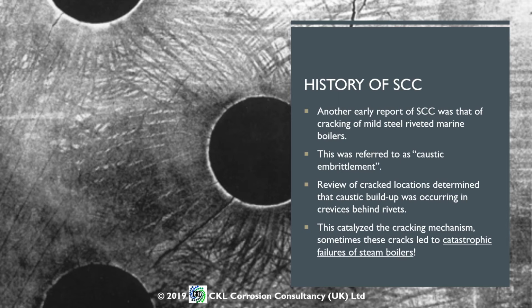A review of those cracked locations determined that caustic material was built up behind the rivet and the boiler shell. There were small crevice areas formed by having the rivet tightly fitted to the outside shell of the boiler, and those crevice areas allowed the build-up of caustic material.